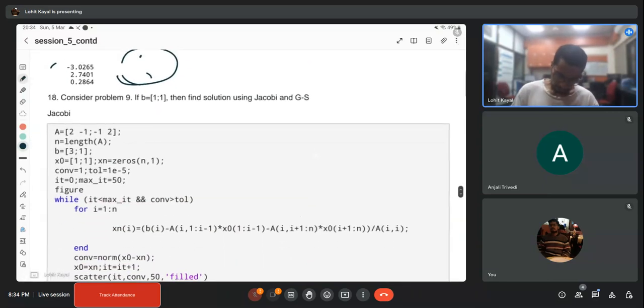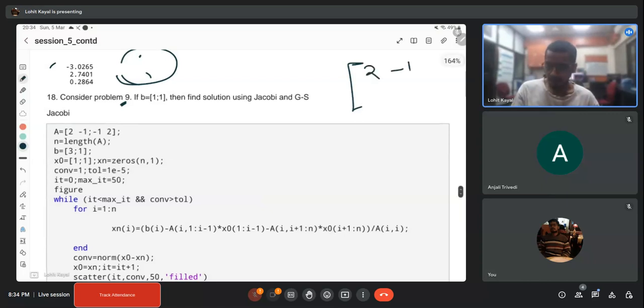Now consider problem 9. Problem 9 is a problem we have discussed earlier, where I provided you a matrix of 2, -1, -1, 2, and I told you to test the convergence criteria for the Gauss-Seidel and the Jacobi method.